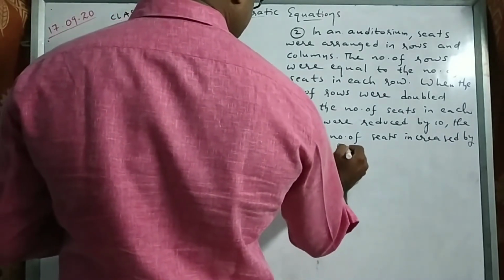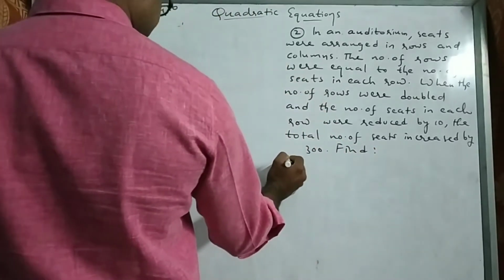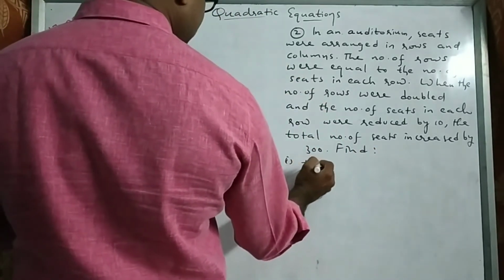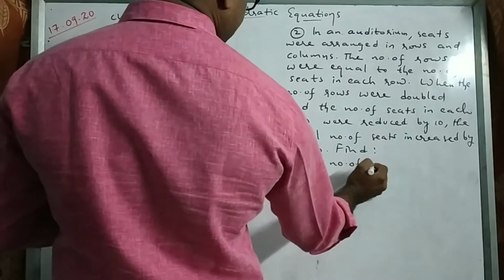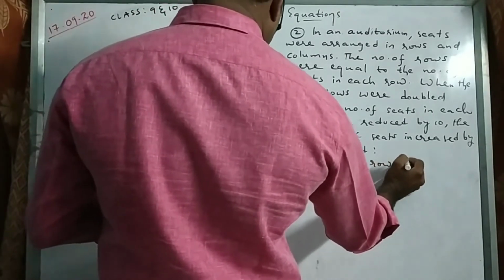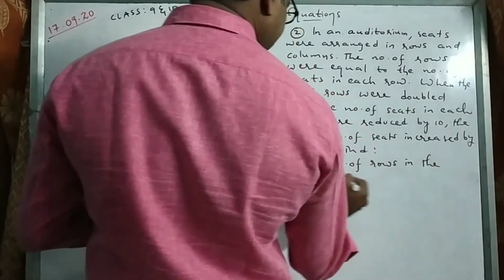Find the number of rows in the original arrangement.